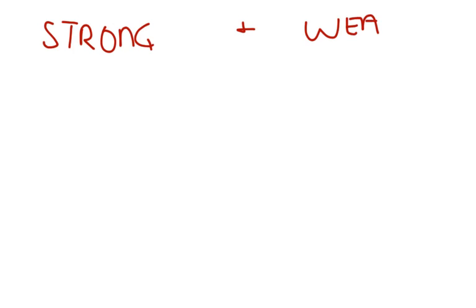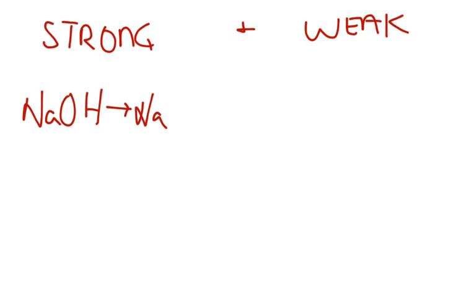As we continue through your PowerPoint, you'll see some other differences. I'm going to let you look at those on your own, but I'll give you the 2-second summary. One of the differences is between strong and weak acids, and strong and weak bases. No matter which one you're talking about, it's really simple. Strong acids totally fall apart. Whenever you have a strong acid or a strong base, you will see a complete dissociation in water.